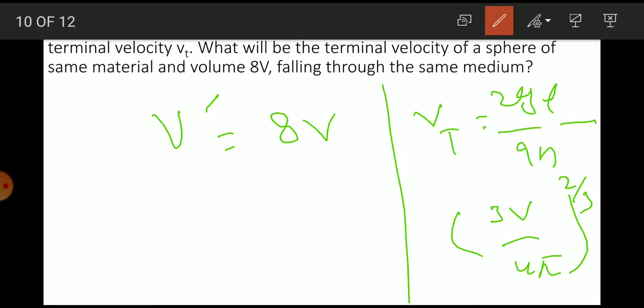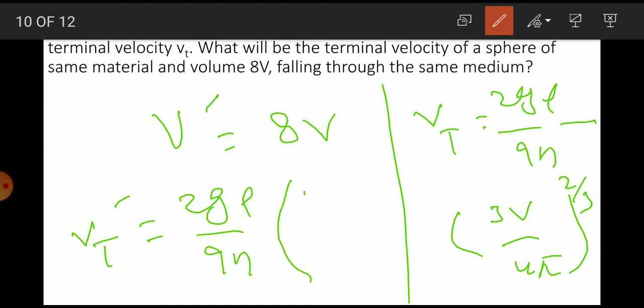This is the previous terminal velocity. So here Vt prime will be equal to 2g rho divided by 9 eta and 3V prime divided by 4 pi, whole power 2 by 3.